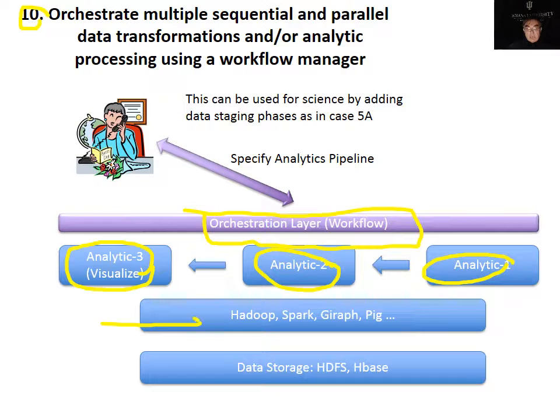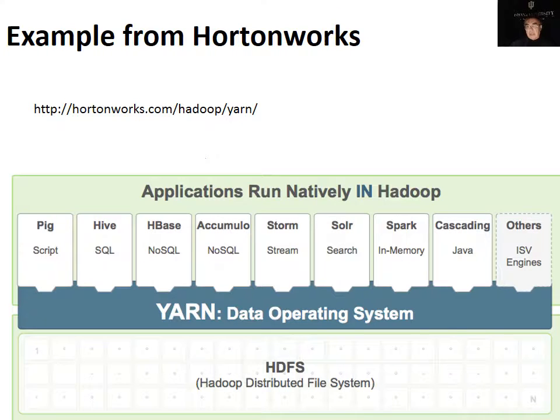We have the same bottom two layers as before, and we have our favorite analyst both specifying what to do and looking at the final answer. And if we added again data staging at the bottom here, we would get a very, very important and common scientific case. We have an example of that given in the next slide, which comes from Hortonworks.